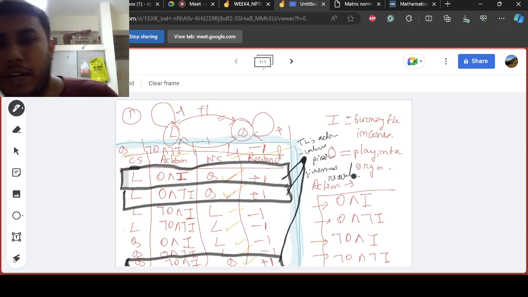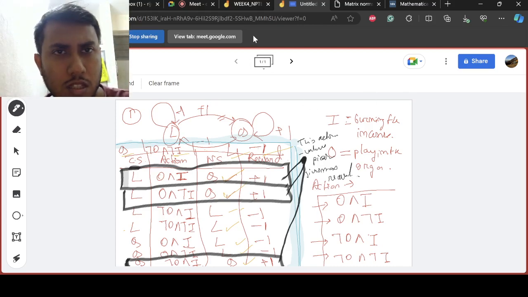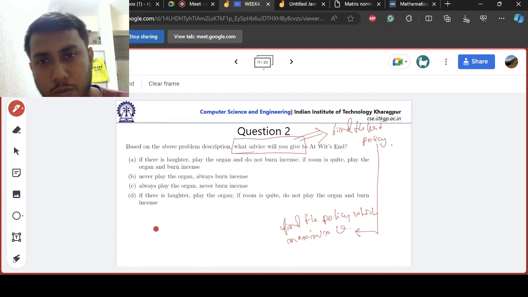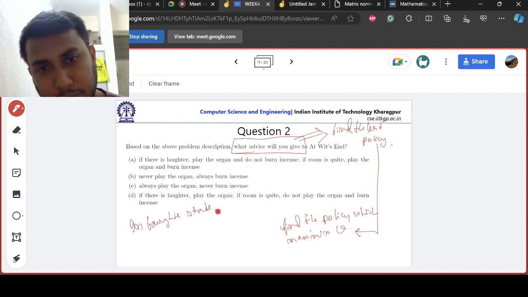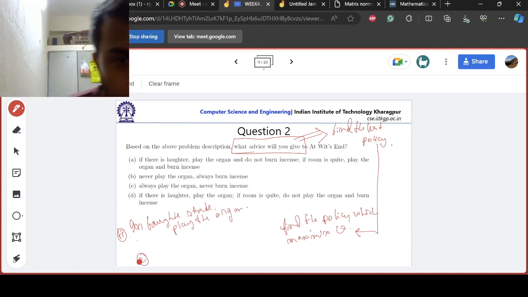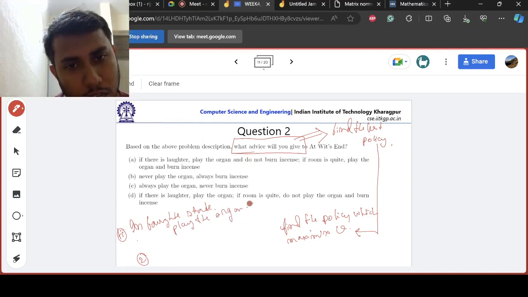So our target will be: in the laughter state, at time step t1, play the organ. Next, it goes to the quiet state.